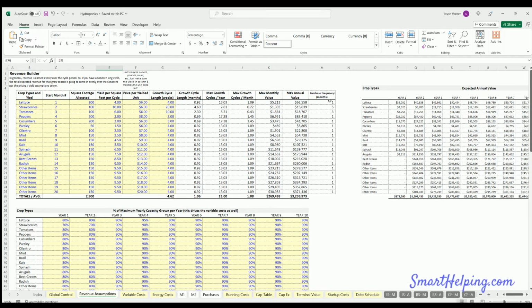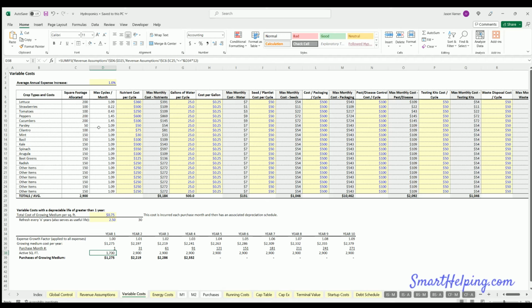You've also got the purchasing frequency here, which is going to be huge because this is going to define when your variable costs are purchased. And it's going to be run off the growth cycle. So for example, with strawberries at 20-week growth cycle, this means we're going to buy all the nutrient costs, the packaging. We have tons of variable costs here.